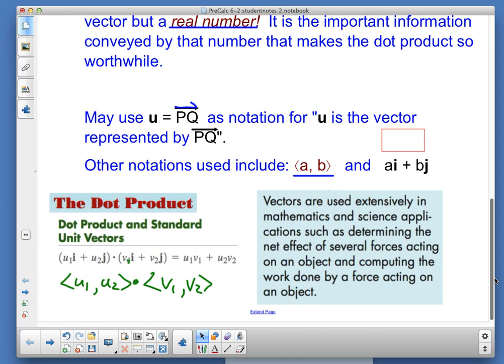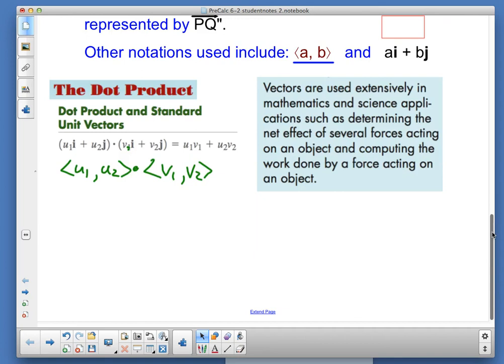Now, the dot product in standard form. Whether I have it like this or like this, the answer is the same. I can do the dot product. It's just u1v1 plus u2v2.